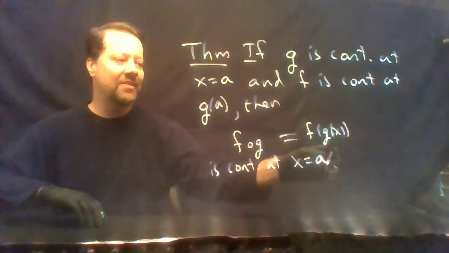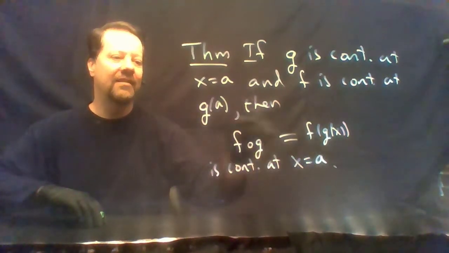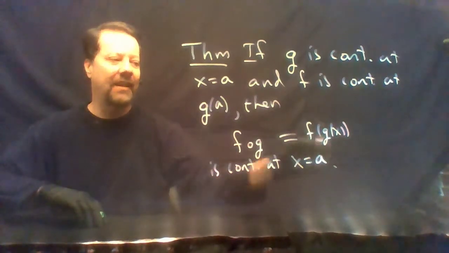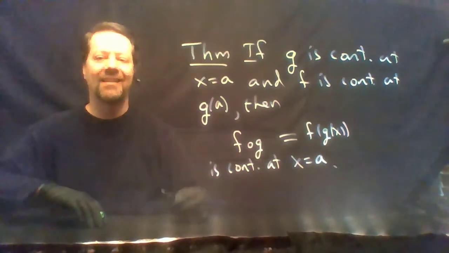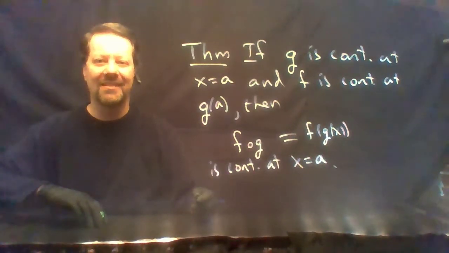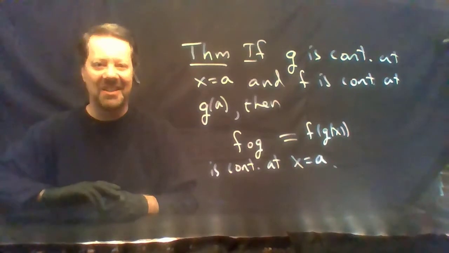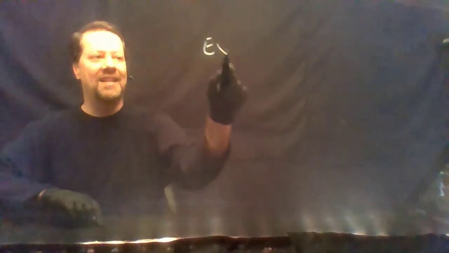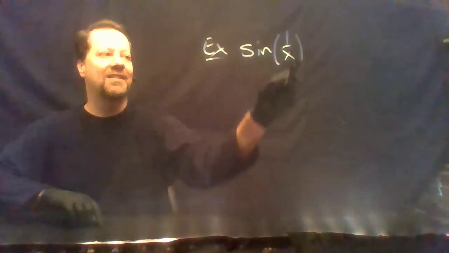So x equals a gives you a point of continuity for g. G outputs g of a, and we're assuming that f is continuous at g of a. Then the composition is continuous. When you compose continuous functions, you get a continuous function. So, to give you a simple example, consider the function sine of 1 over x.